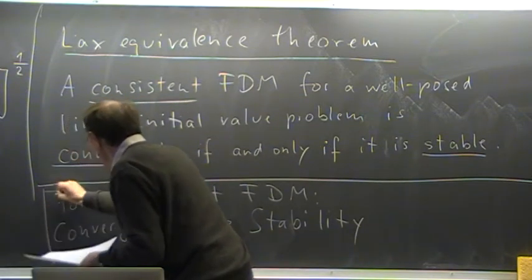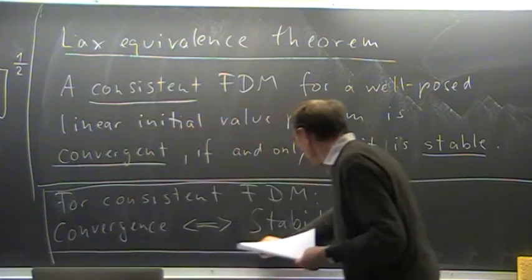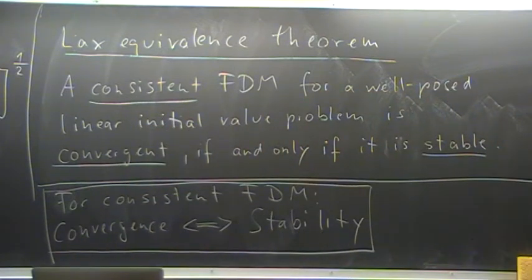So that is the way we can summarize the Lax equivalence theorem. What that means for practical applications is that we first show that the finite difference method is consistent, and then that we show that it's stable, and then we know it is convergent.